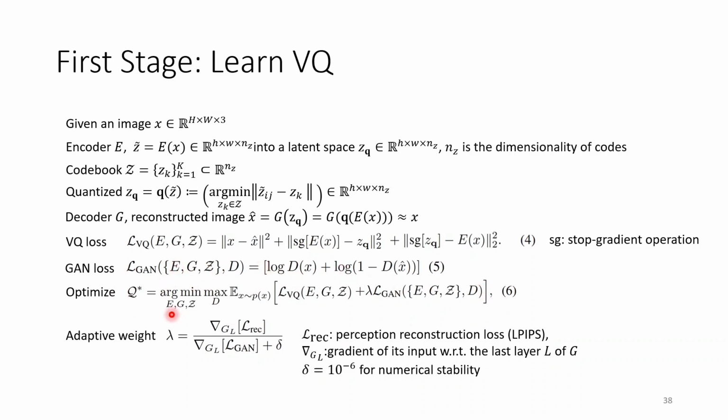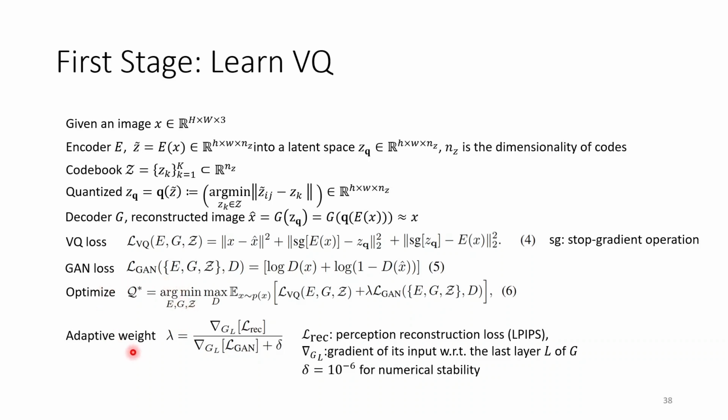And pay attention here: the optimization term doesn't include the discriminator. Usually, in GAN training, we train a discriminator and a generator. But here, they give up training the discriminator. They just use an existing discriminator. They believe some existing discriminators are good enough. So they focus on training the encoder, decoder, and the codebook.